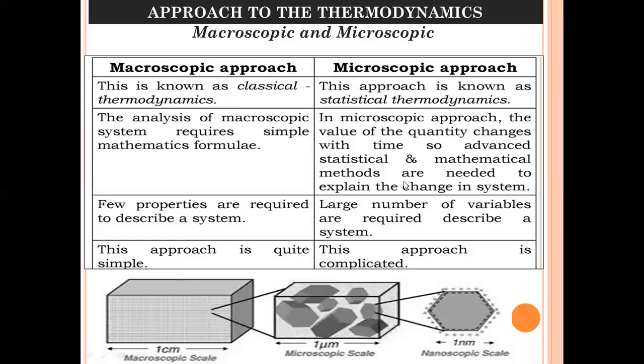So we can analyze the thermodynamic system under these two approaches. Though these two approaches are different, there is some relation between them. When we apply these two approaches to a particular system, the final results obtained are the same.